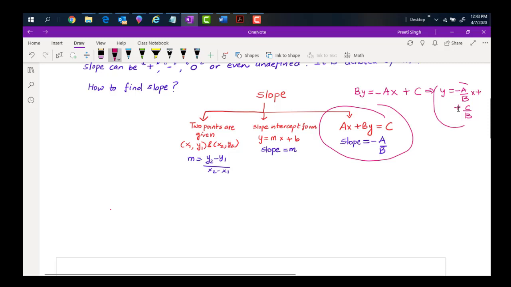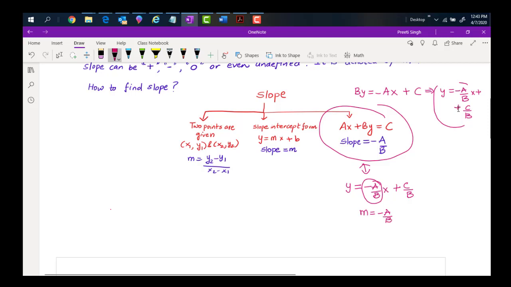Let me write it again. If I change this equation to the slope intercept form, it becomes y equals negative a over b x plus c over b. Looking at the coefficient of x, it's negative a over b, so the slope of this line is negative a over b.